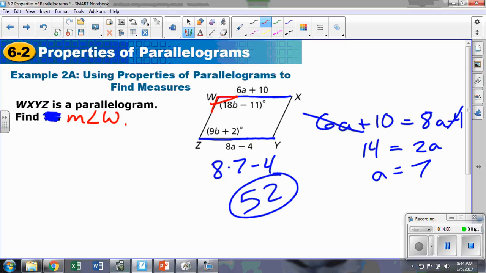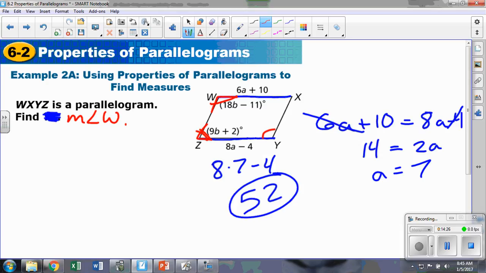Do we have opposite angles? The opposite angle is Y, and so we know W and Y will be the same size. But since we don't know anything about Y, we can't create an equation saying they're equal when we are missing the other side of the equal. But we can recognize W and Z as consecutive, so those are supplementary.